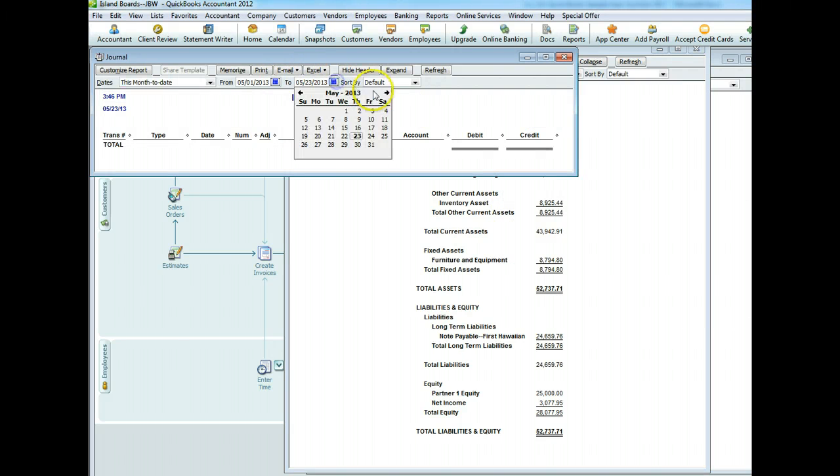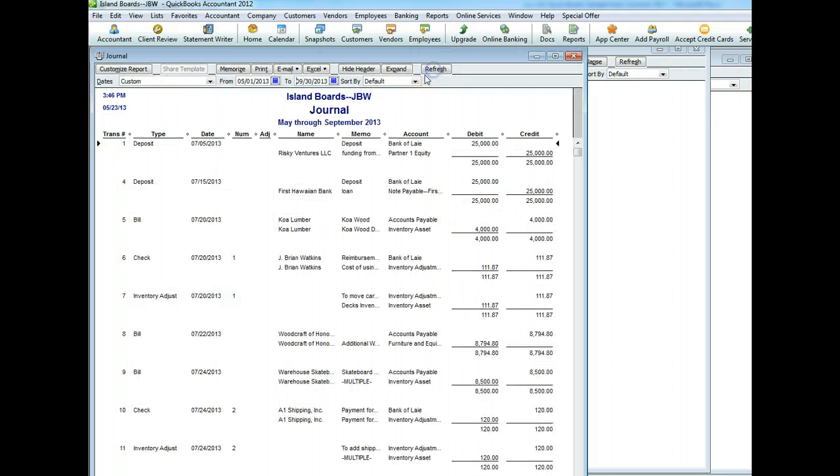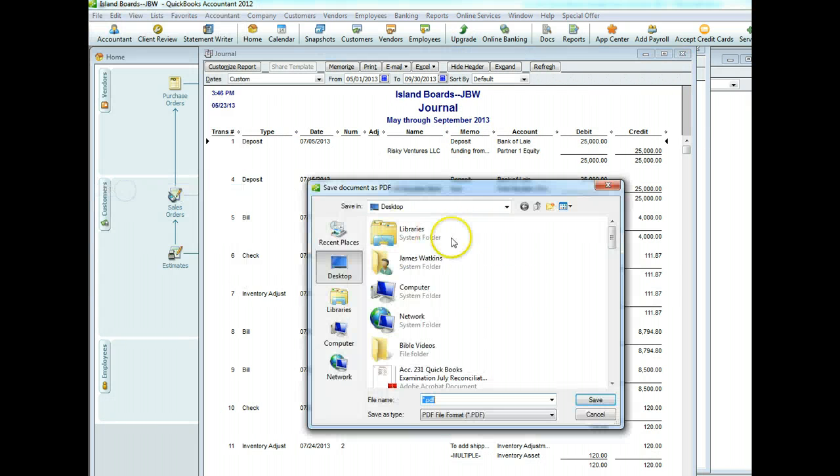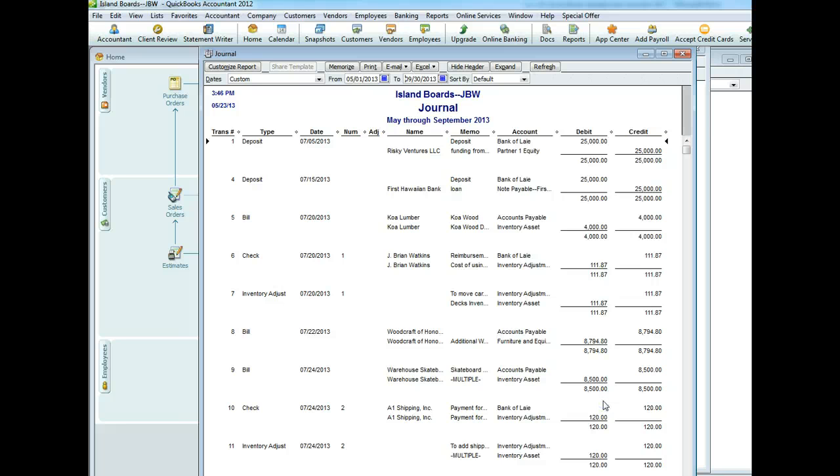And that's going to go all the way to the end of September. There's all of the journal entries, PDF. And you're done.